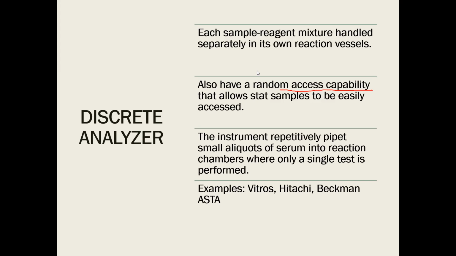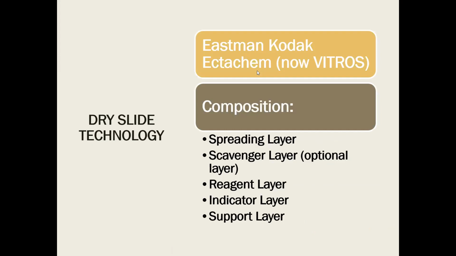Of the three, Vitros uses dry chemistry. Later, let's see what dry chemistry is, or dry slide. When we say dry slide technology, the first to use it was Eastman Kodak Ektachem, now commonly referred to as Vitros Diagnostics.